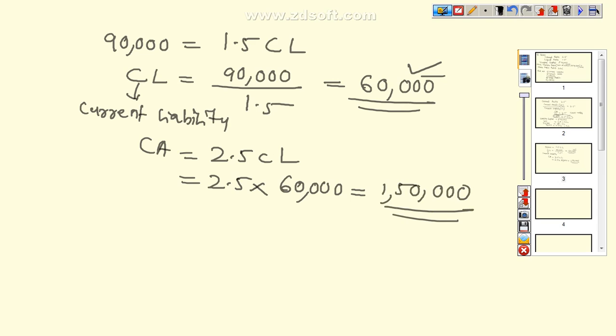So current asset is 1,50,000, current liability is equal to 60,000.